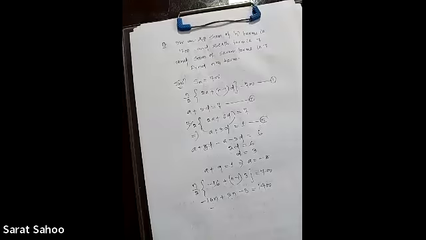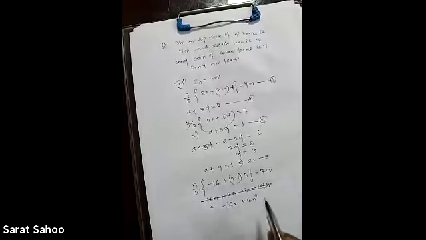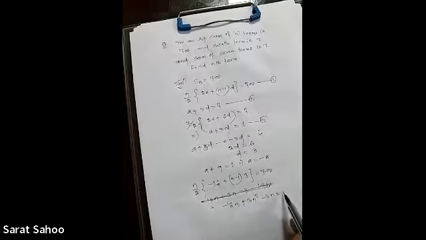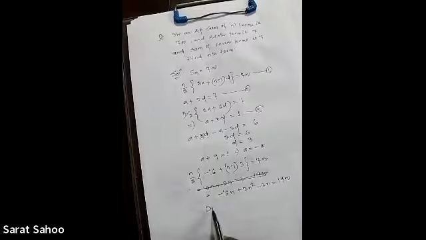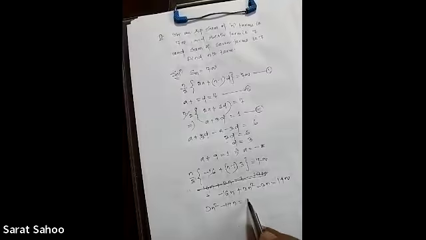A is equal to minus 8, d is equal to 3. N by 2 into (2a plus (n minus 1) into d), d is 3. Minus 16n plus 3n square minus 3n is equal to 1400. So 3n square minus 19n is equal to 1400.